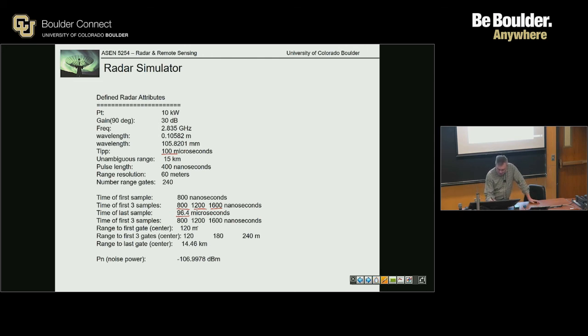The range to the center of the first range gate was set to 120 meters. This is a test of the 60-meter delta between range gates. And the last range gate is before the maximum range of 15 kilometers.